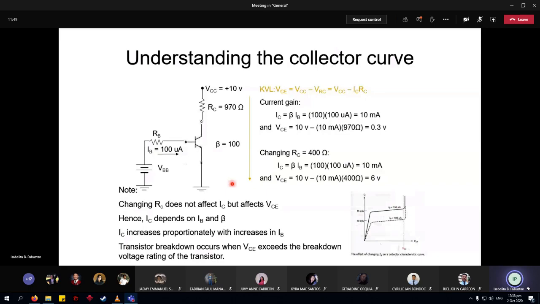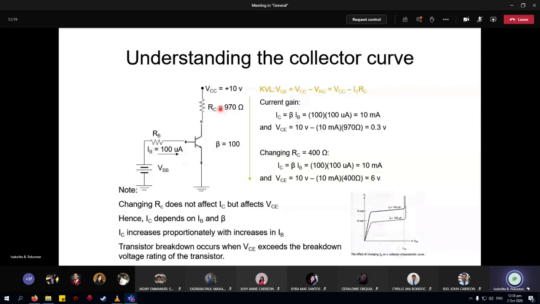Dun sa assignment ninyo, you were able to compute a VCE which is 0.3 volt. So therefore, you have your VCB, dito. This is number 2 or number 3 of your assignment. Now, all of you got a correct answer here. Your computation for VCE, kasi you used a 970 ohm resistor here.